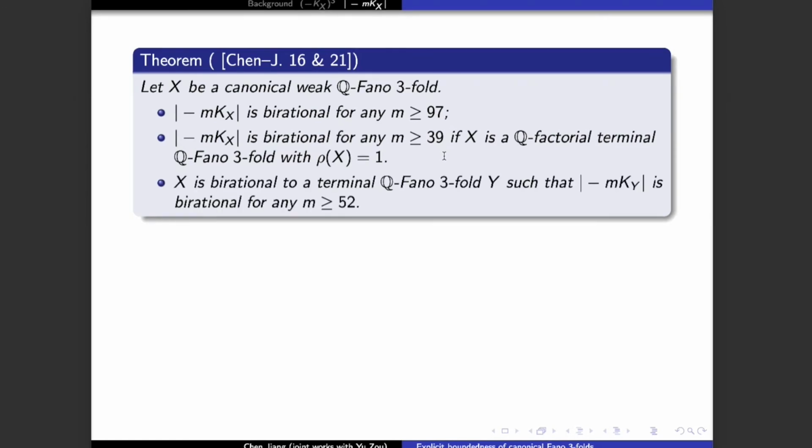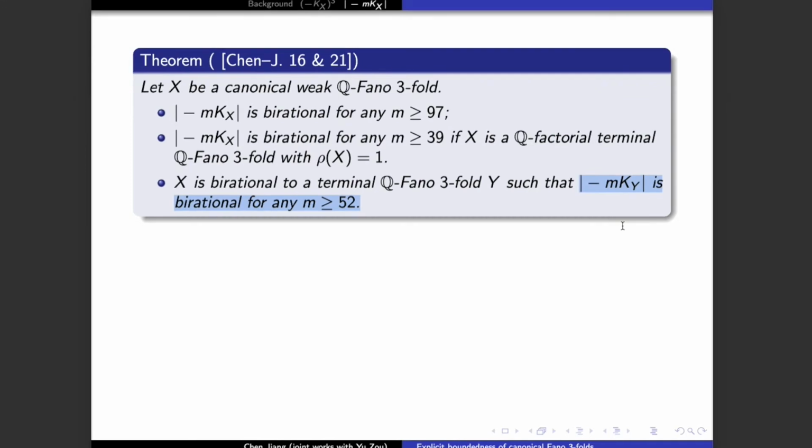And last year we showed another result. These two results are in the paper in 2016, and in 2021 we showed that, if we're cheating a little bit, if we are allowed to modify X by another birational model, then there exists a birational model Y, a terminal Q-Fano 3-fold, such that we need 52 to get minus mK_Y to be birational.